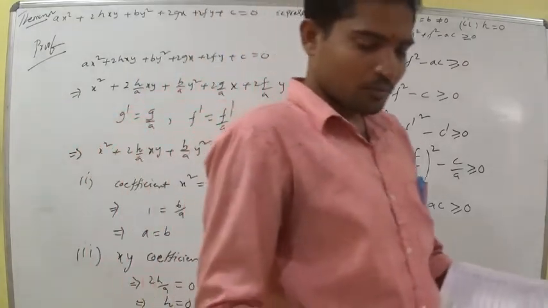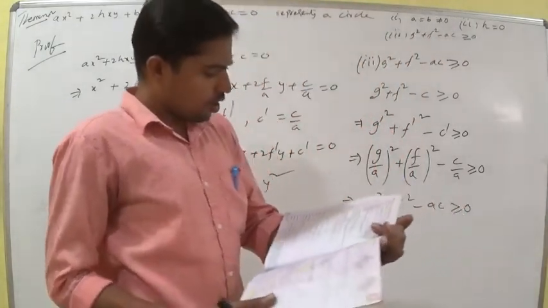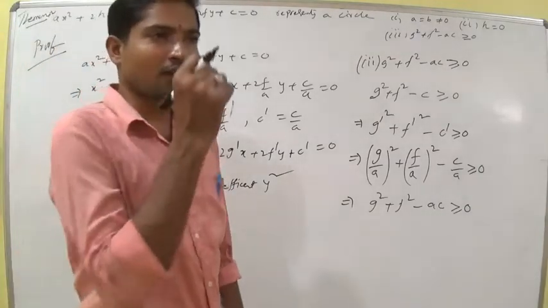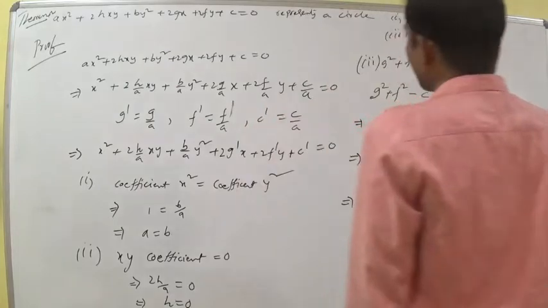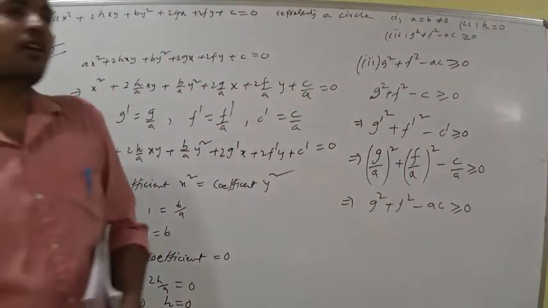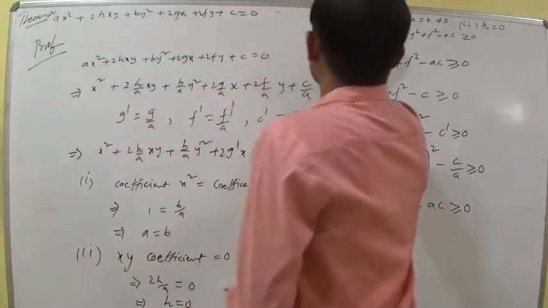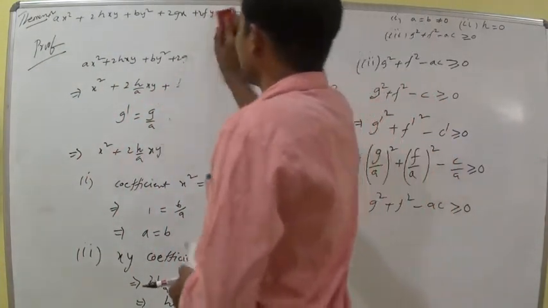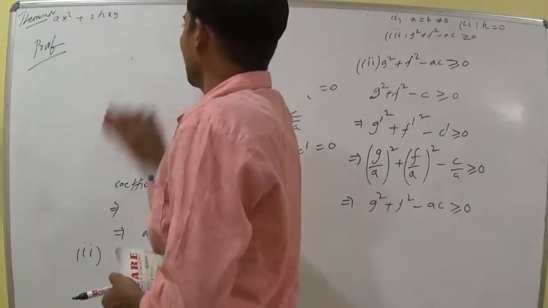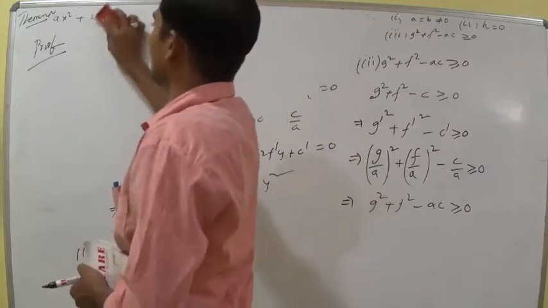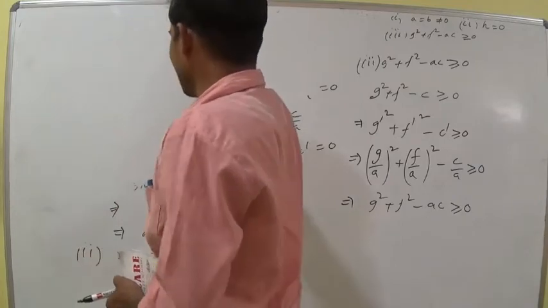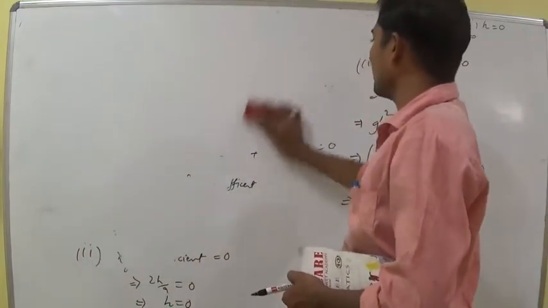Next one, concentric circles. We already know about it. Concentric circles means circles which have the same center and different radii. Two circles having the same center with different radii are called concentric circles. So concentric circles differ by only a constant.